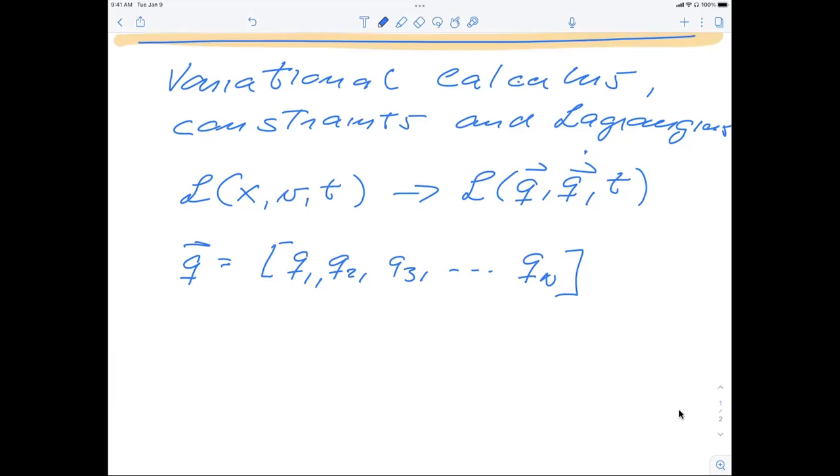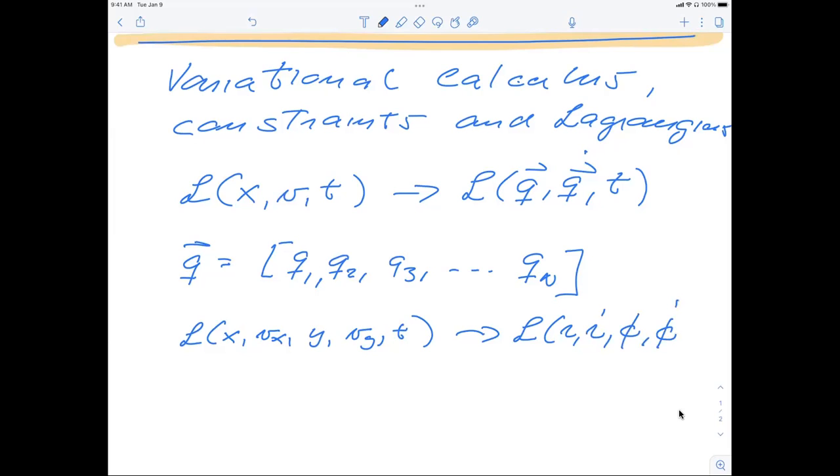So that was a typical example where we had an L of x, v of x, y, v of y, and t, and we transformed that into something which depended on the radius, the absolute value of the distance, then the radial velocity, an angle phi, the angular velocity, and time in addition. So these q's can be represented by many different types of variables, and we normally call these generalized coordinates and generalized velocities.